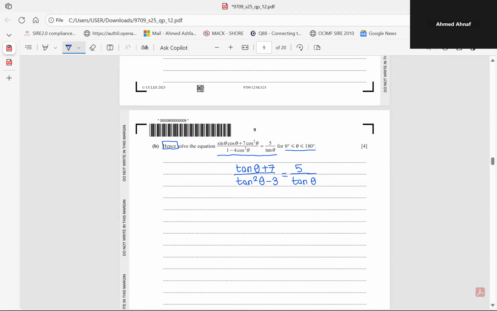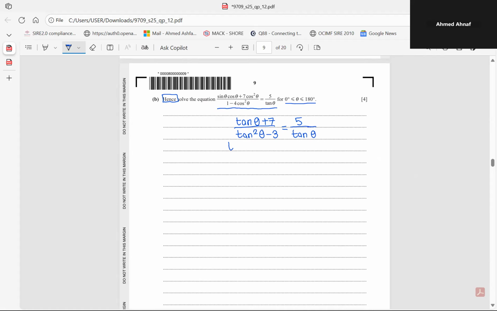Okay, and now we can cross multiply. So this would be tangent theta times tangent theta plus 7 equals to 5 times tangent square theta minus 3. Now we're going to expand out the brackets. So tangent square plus 7 tangent theta equals to 5 tangent square theta minus 15.